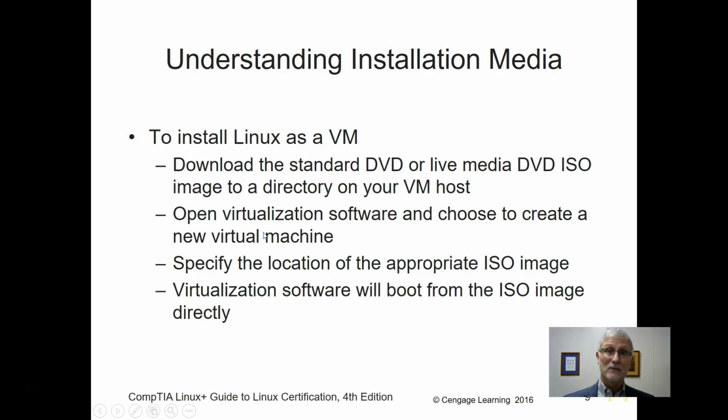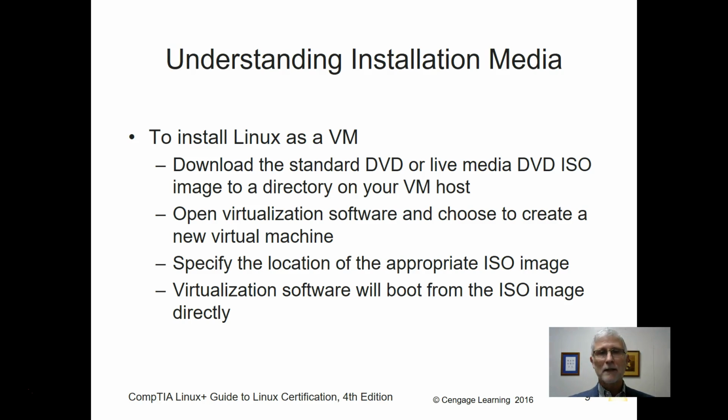Now, to install Linux as a virtual machine, one, you got to download a copy of the ISO file. We're going to do that. And it says virtual machine host. That is actually your physical PC, your virtual machine host. You got to open up the virtualization software.